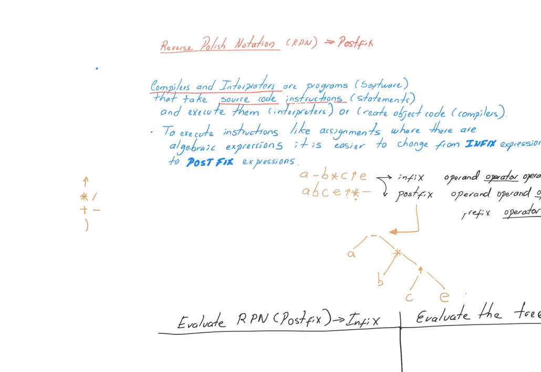And these compilers and interpreters either execute the instructions one by one, in the case of interpreters, or create what we call object code, which is executable code for the specific machine that we have, and that's done by compilers.